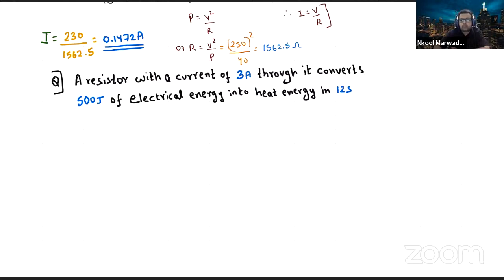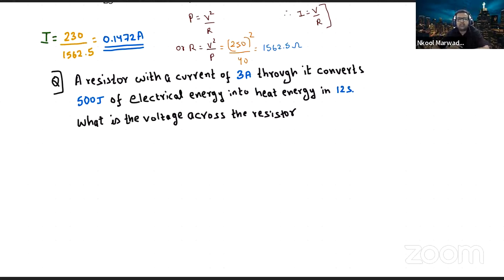And we have to calculate what is the voltage across the resistor. This is what we have to find.